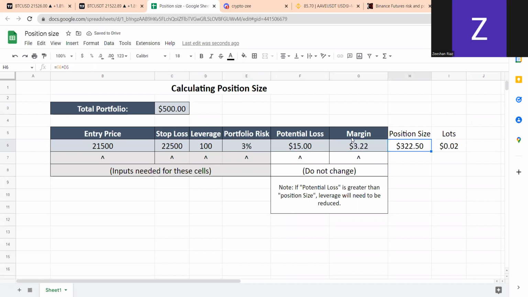Does it matter? No, because your margin is 3. If I use leverage 10 here, it will be 32. You can see how it changes. This size will remain the same. So if you are using 100x leverage and your stop loss is 22,500, your risk is 3%. If stop loss hits, you will lose $15.